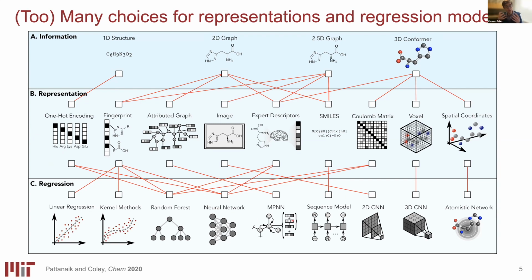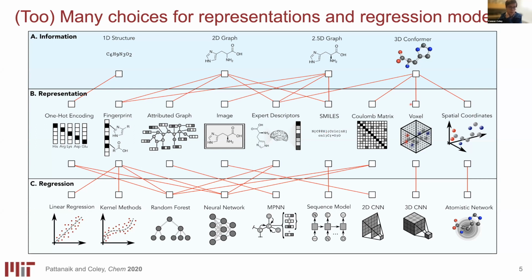If I want to capture the two-dimensional connectivity, maybe I use a graph representation. If I want to try to capture a little bit more, I could try using an image or a drawing of a molecule. It's a little funny, but people do that. I can represent molecules as strings using the SMILES notation. That's another valid way of representing them for modeling purposes.